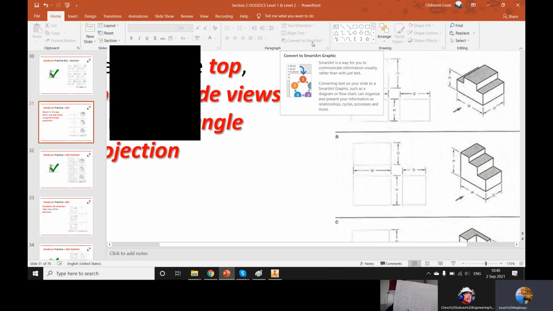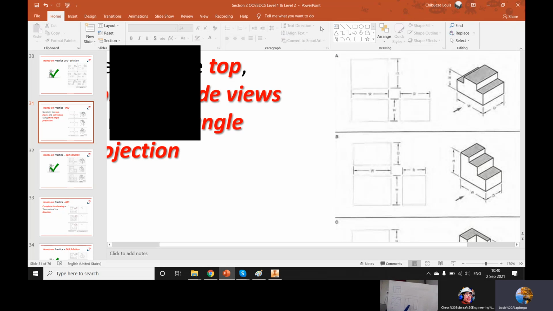Can you see it now? Yes, the A. So this is my top view. This is my front view. And this my right. Yes, I've seen them. Very good, that's it.